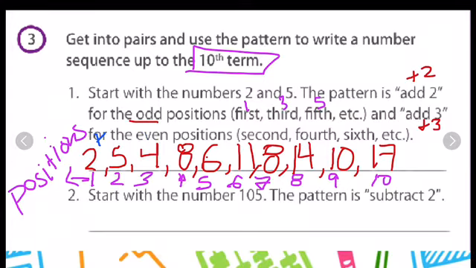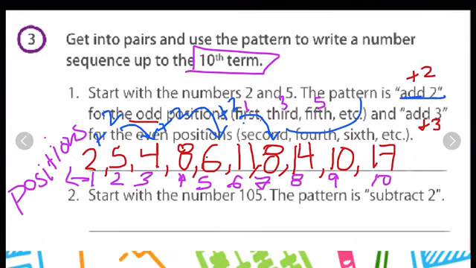Let's go back. So on the first position, you're going to add 2. First position, 2 plus 2 equals 4. 4 plus 2 is 6. 6 plus 2 is 8.